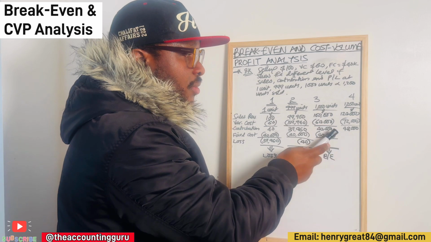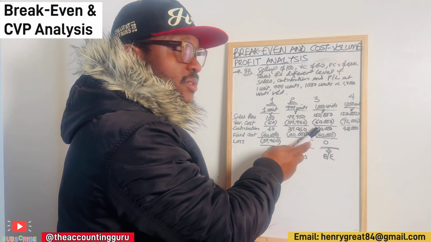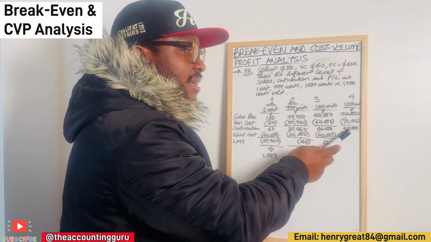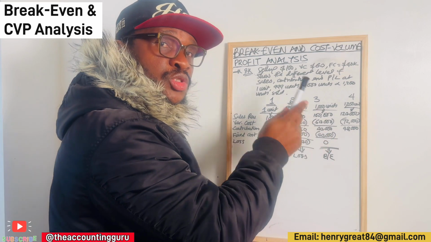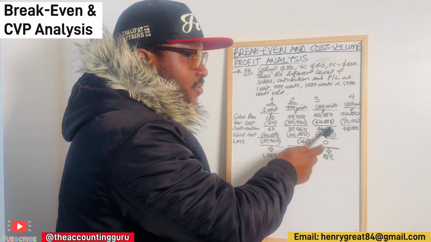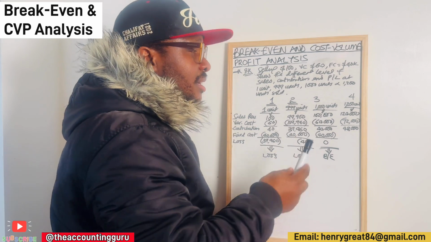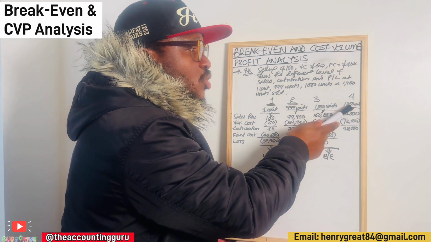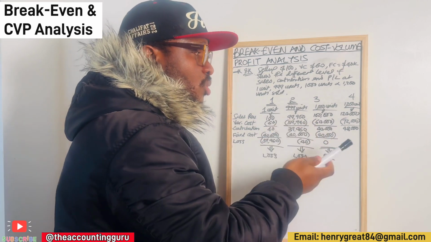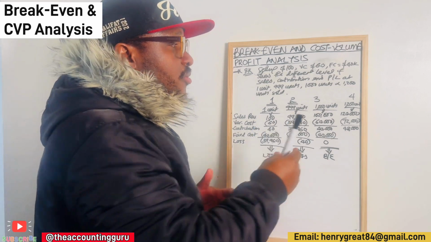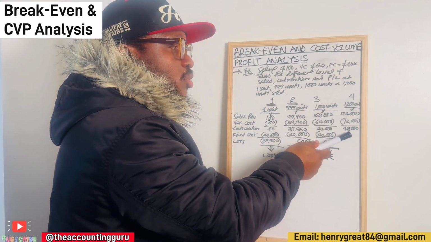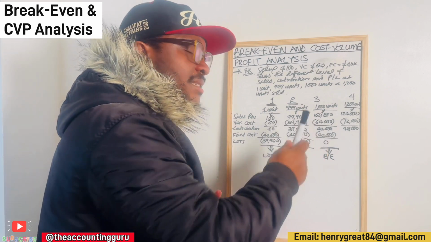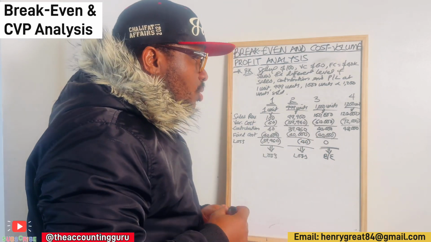As you can see here, 48,000 minus 40,000 is what? $8,000. Meaning that the contribution from the extra 200 units that were sold here is the extra $8,000. All right, we will demonstrate that.